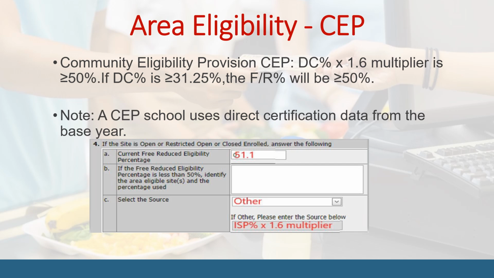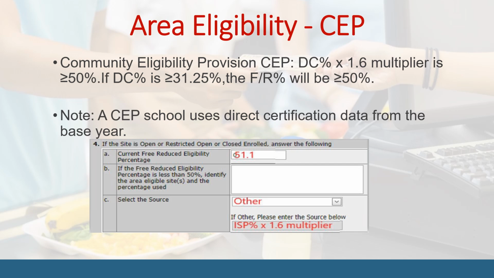Area eligibility for CEP participating sponsors. SFAs can use the DC percentage for each site and multiply that DC percentage by the 1.6 multiplier, and that should determine if they're area eligible.